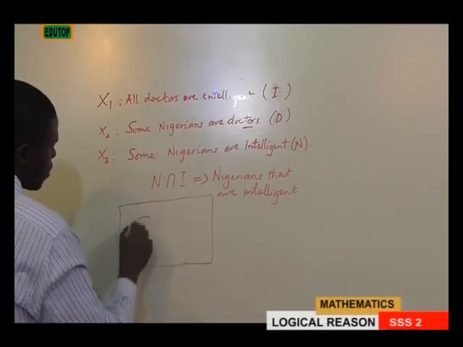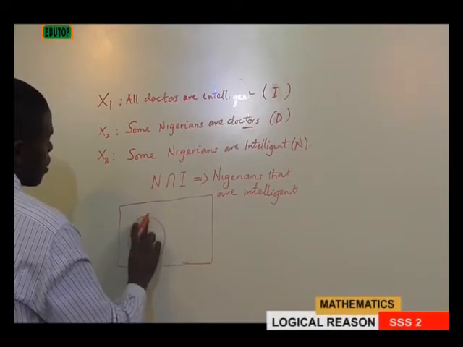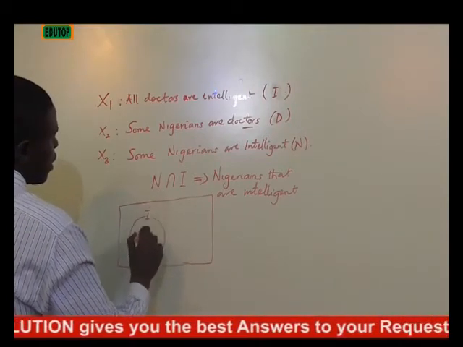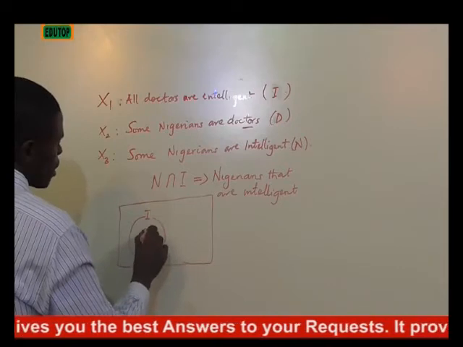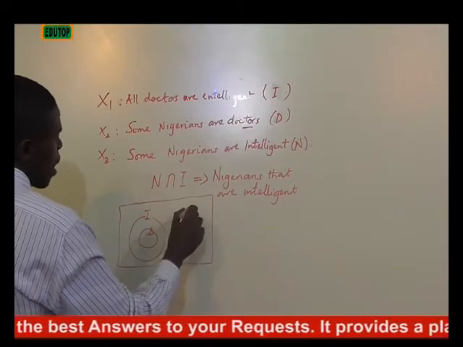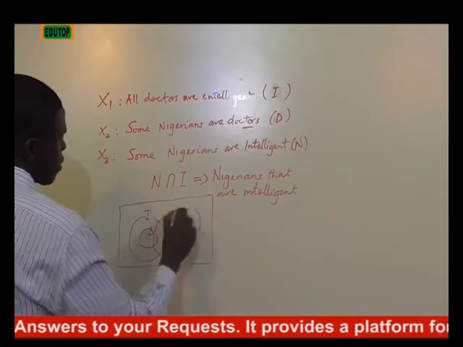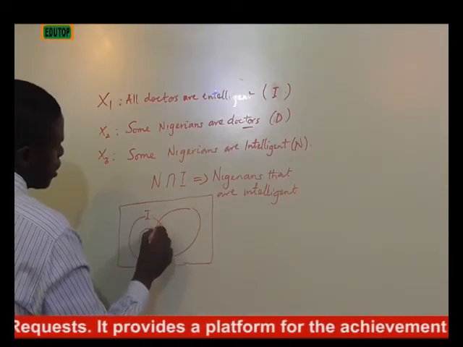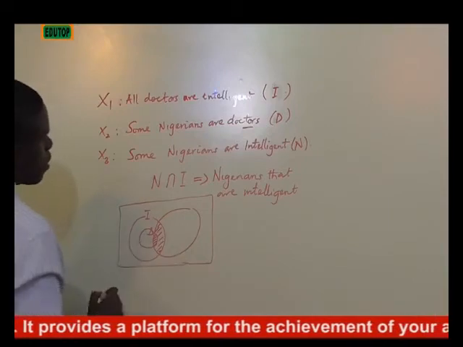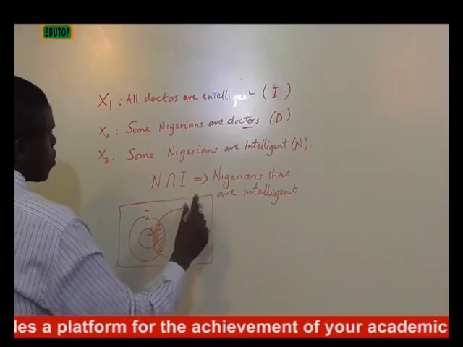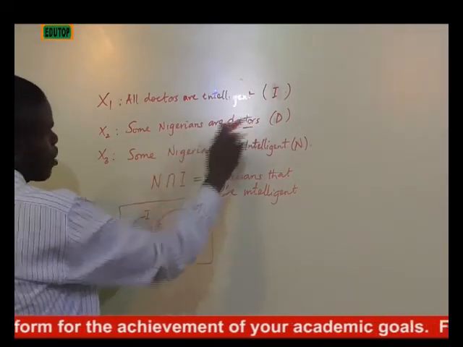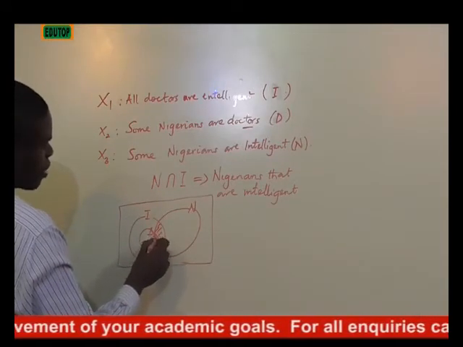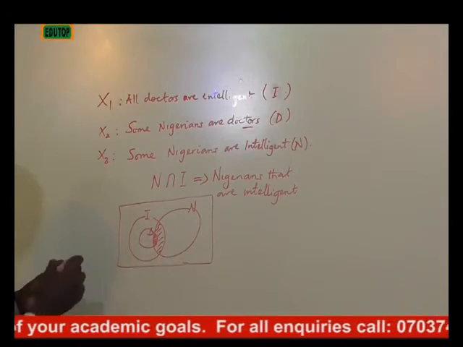If you have a Venn diagram of this nature, let's say we have the intelligent set, then we have the doctors right inside of this, and we have the Nigerians. Then we have the possibility where some Nigerians are doctors. So this is the point where it's shaded.